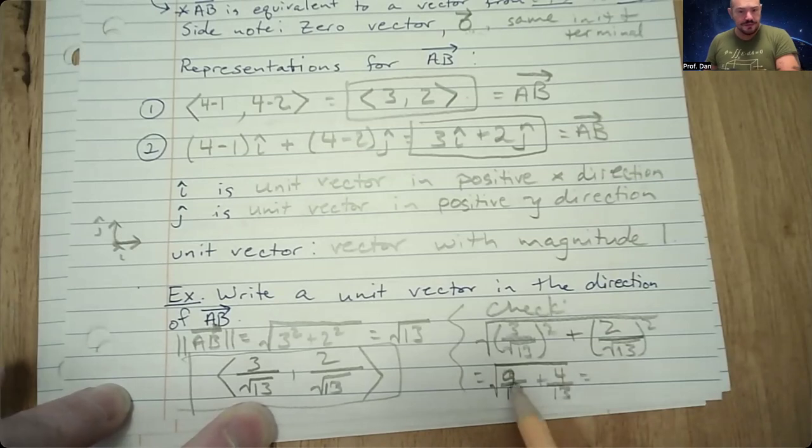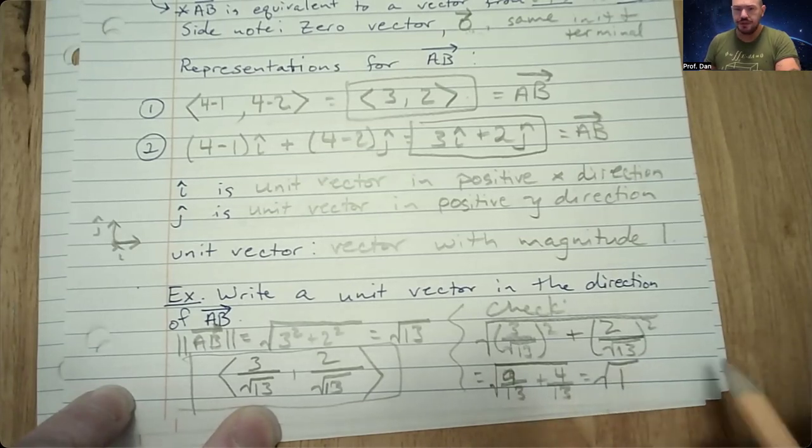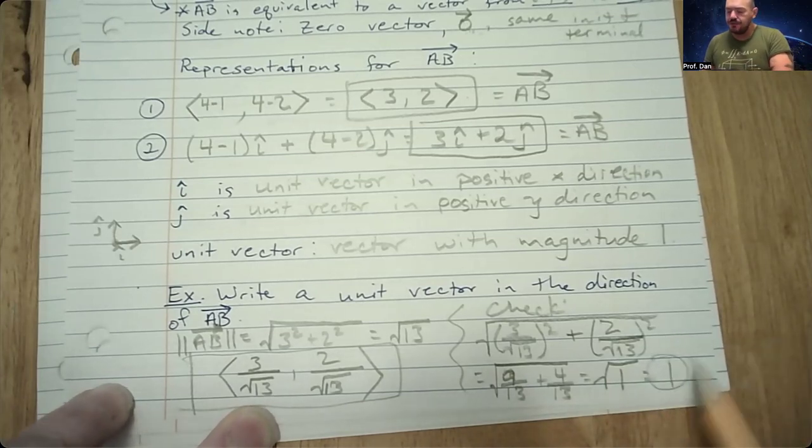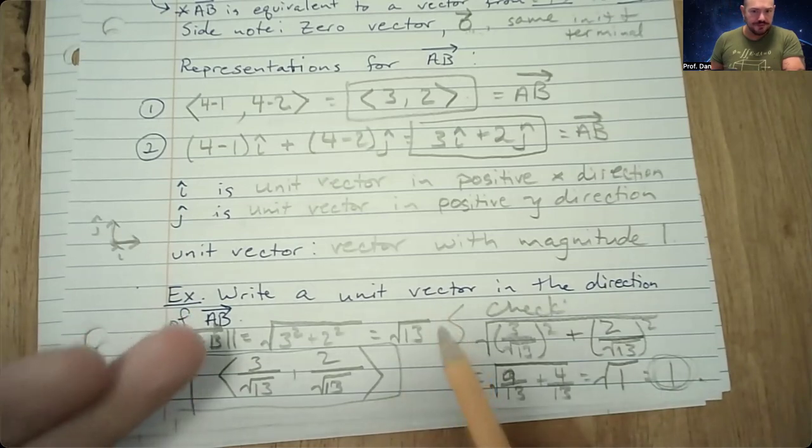Well, if I add 9 over 13 and 4 over 13, that gives me 13 over 13, which is also known as 1. So you see, when we go back and find the magnitude of the vector, we end up getting 1 because we made this have a magnitude of 1 by dividing each component by the magnitude of the original.